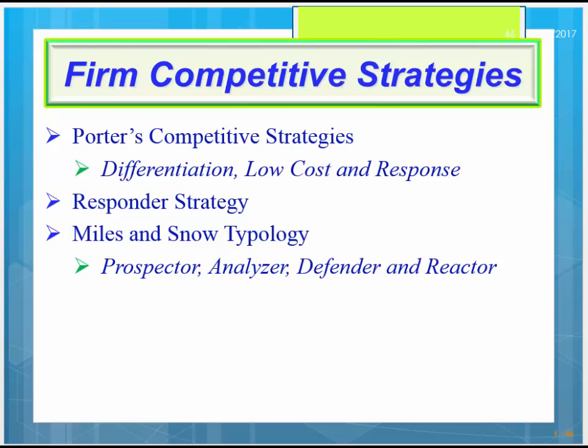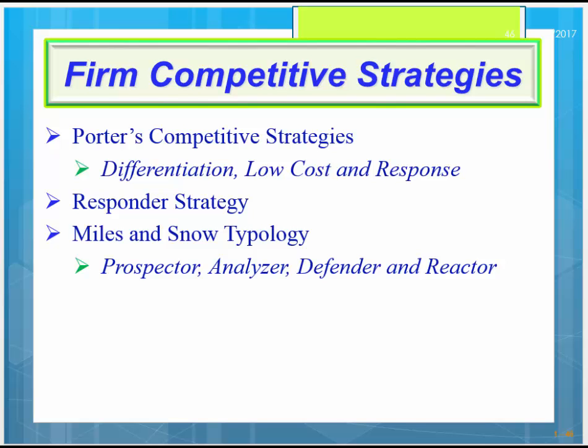There is Porter's competitive strategies, there's the responder strategy, and then there's the Miles and Snow typology. The word typology is kind of like a strategy. That's the basic idea. We're going to talk about each one of these, and you should be able to fill out yet some more things on your handout.